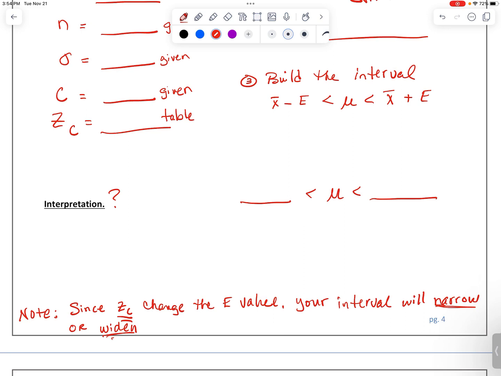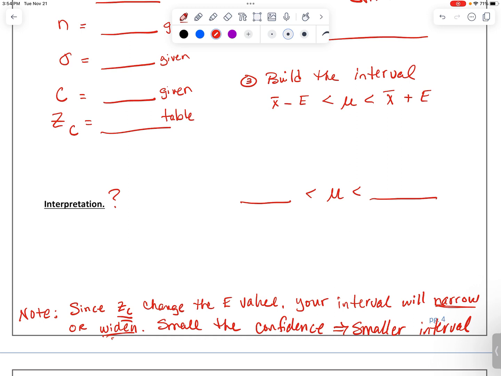The smaller the confidence is, the smaller the interval. The smaller the confidence, the smaller your interval will be. So if you want to be more confident, then you're going to have to make the interval bigger.